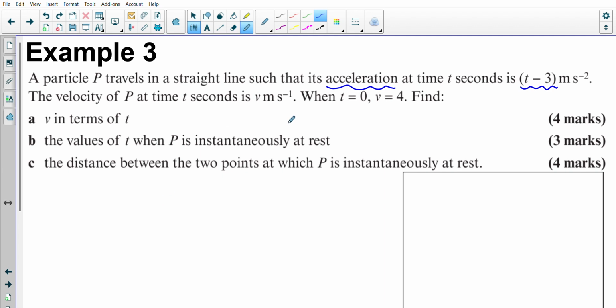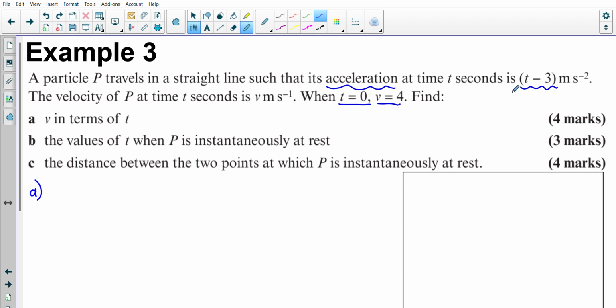So that's just giving you all the variables, it's giving you the units. It's also given us this, so when t is 0 at the start, its starting point, the velocity equals 4. We've got to find v in terms of t in part A, so that's the velocity.